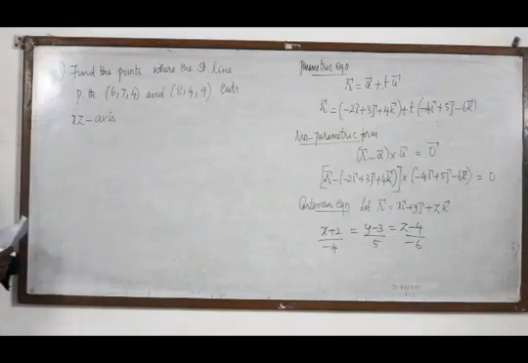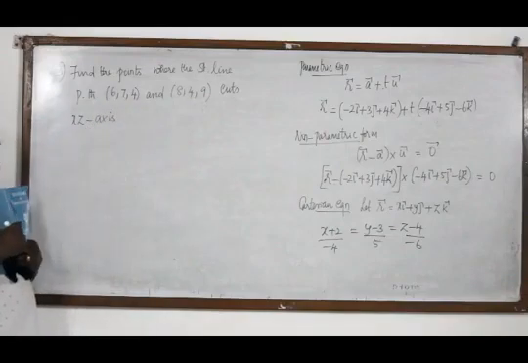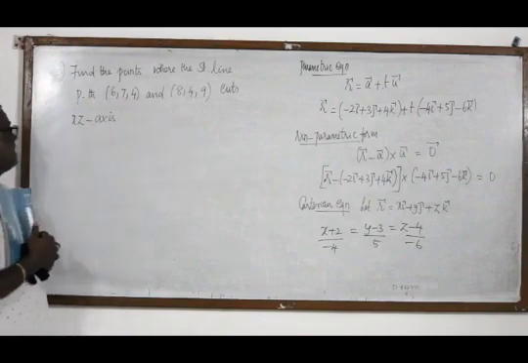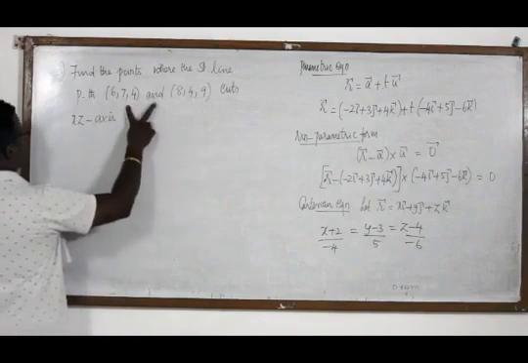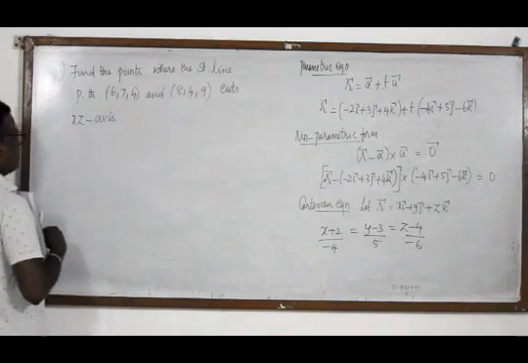I must find out where this line meets the xz plane. That is, I need the point at which the line and the xz plane are intersecting. First, we find the equation of the line by taking these 2 points.